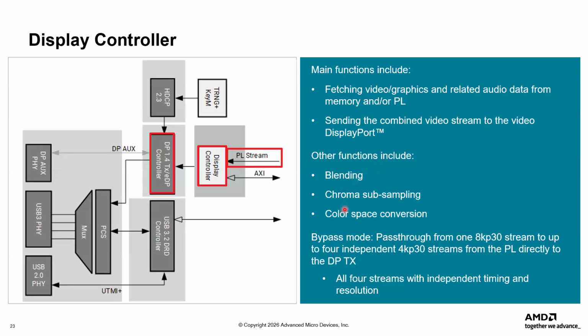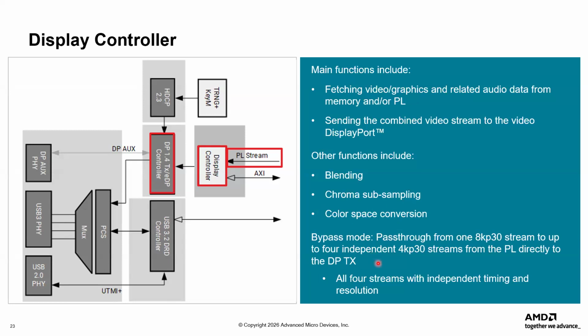Other things that are going to happen here as part of the DisplayPort protocol, I'm going to do blending, chroma subsampling, and then color space conversion, all of which would be essential because, again, this is me outputting to a display. So these are the kind of operations and corrections and enhancements to the image before it displays.